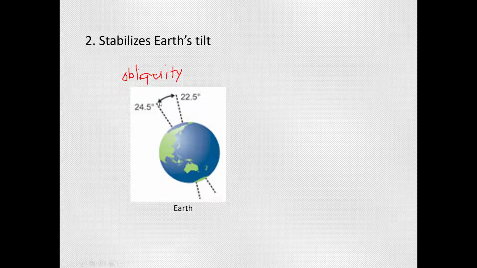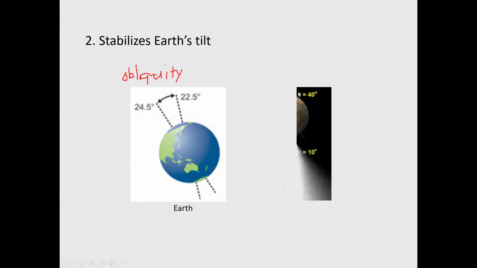So the Earth's tilt doesn't change a whole lot. Right now it's 23.5 degrees. It can be as little as 22.5 degrees or as much as 24.5 degrees. And the reason that is so constant is because the moon, because it's fairly large, exerts a pretty reasonably good gravitational stabilizing force on the Earth.